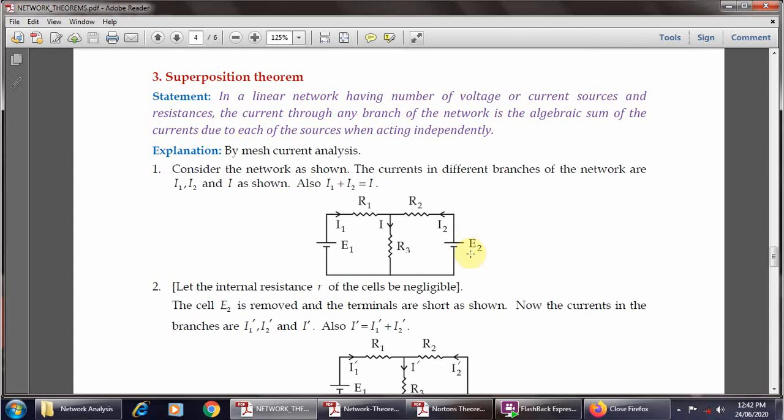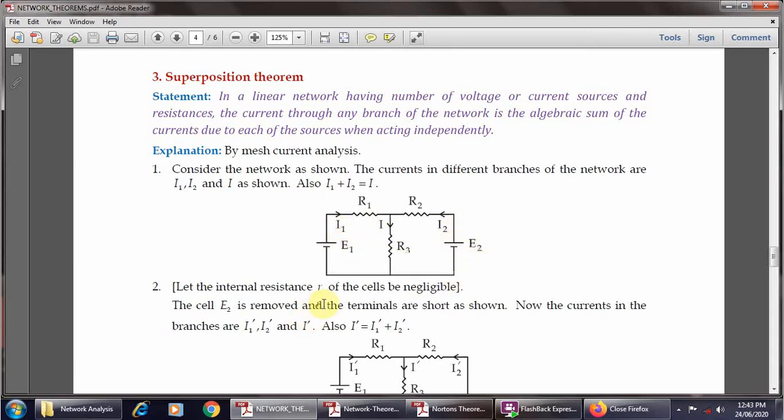Due to E2 the current flowing through the circuit is I2, and the total current I flowing through the resistance R3 is equal to I1 plus I2. Means the total current I is the combination of I1 coming from E1 and I2 coming from E2.